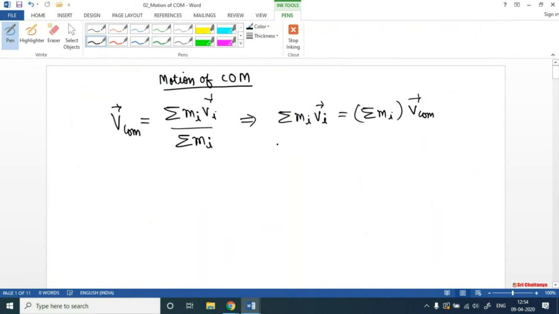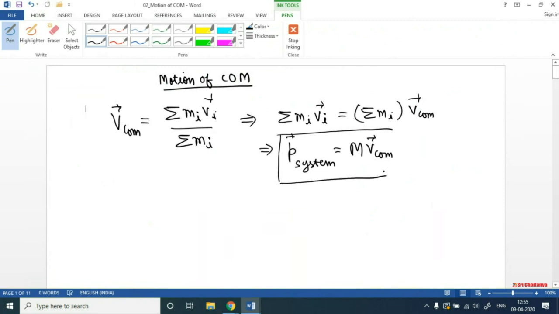So the left hand side, summation of mivi, is clearly the net linear momentum of the system, and that would be the total mass of the system times velocity of center of mass.